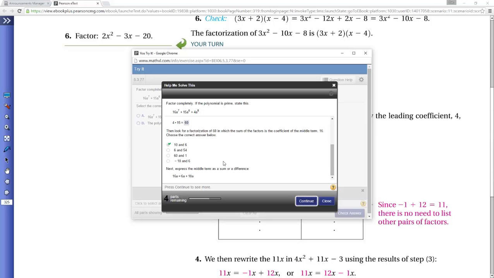Next, we're going to express the middle term then in this way. So basically all these two steps give us is, how do I split up this 16a in the middle term? Well, we can have it as 6a plus 10a.